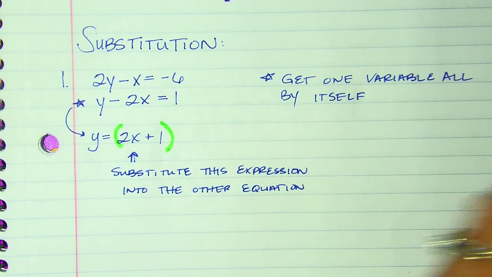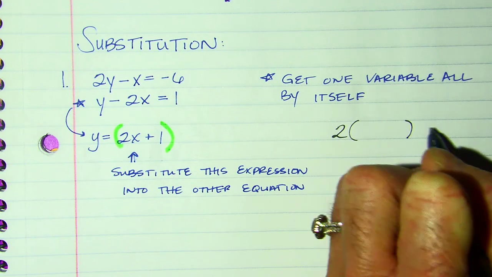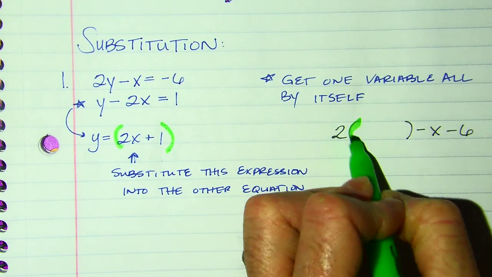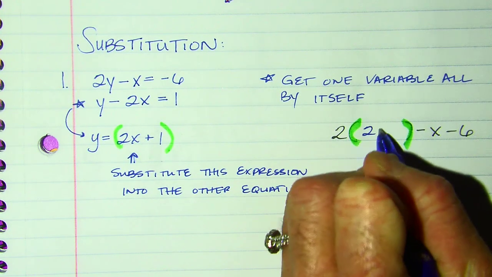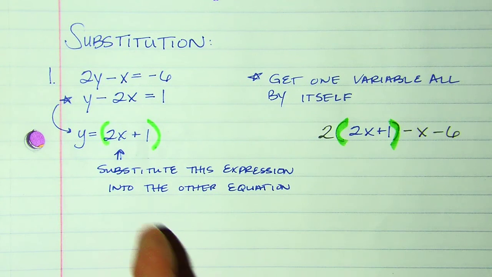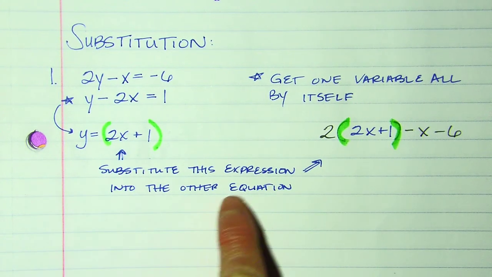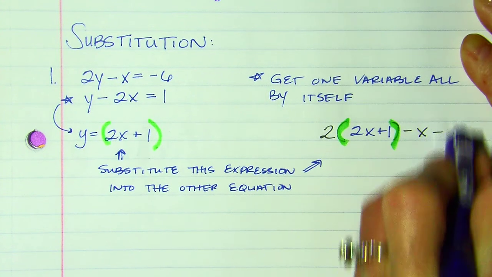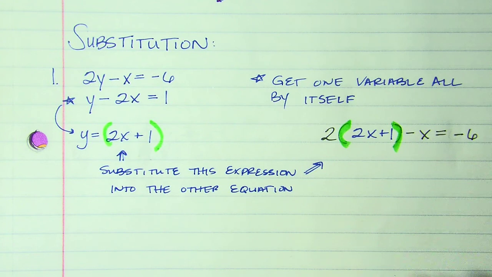I'm going to write 2y minus x equals negative 6, and I'm going to substitute 2x plus 1. So hopefully you can see that I am substituting this expression into the other equation. And sorry, this should say equals negative 6. My apologies.